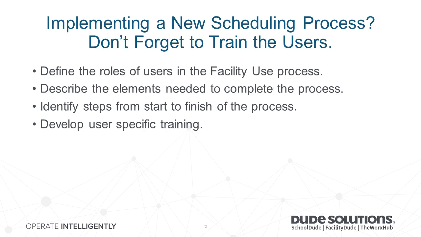All right, let's see here. So implementing a new scheduling process. I'm a trainer by nature, so that was my biggest and longest process, getting everyone trained in their roles. Defining the roles in the process was having the principals actually approve, and it was the routing, and you'll hear that in a bit.